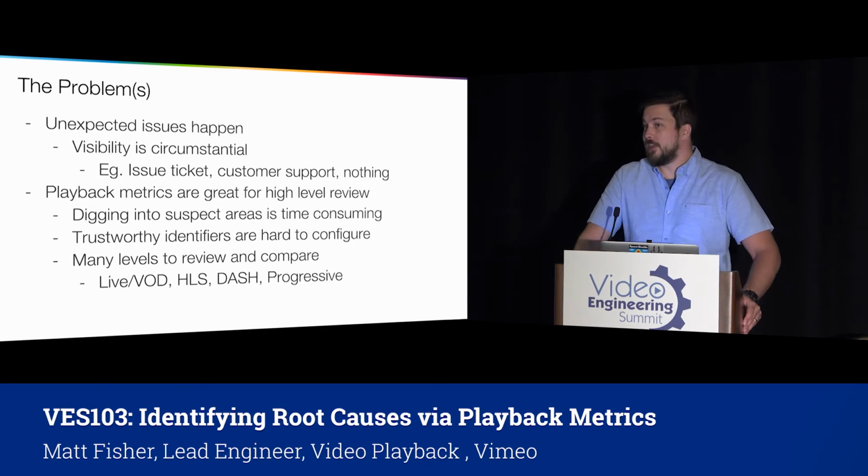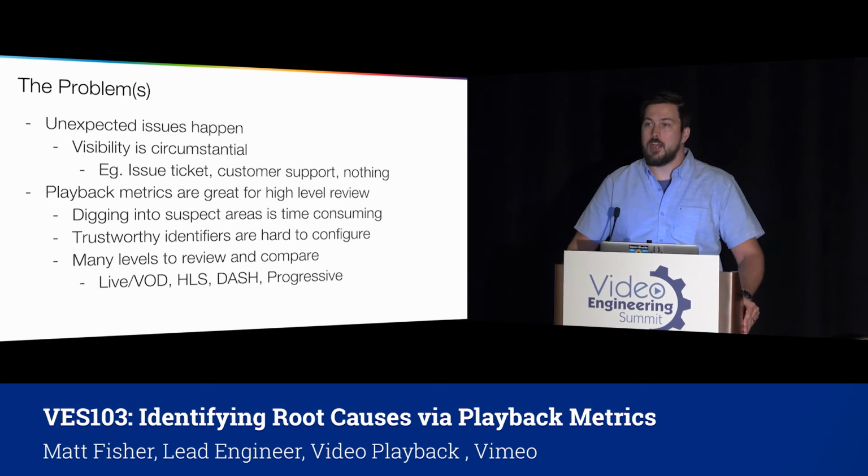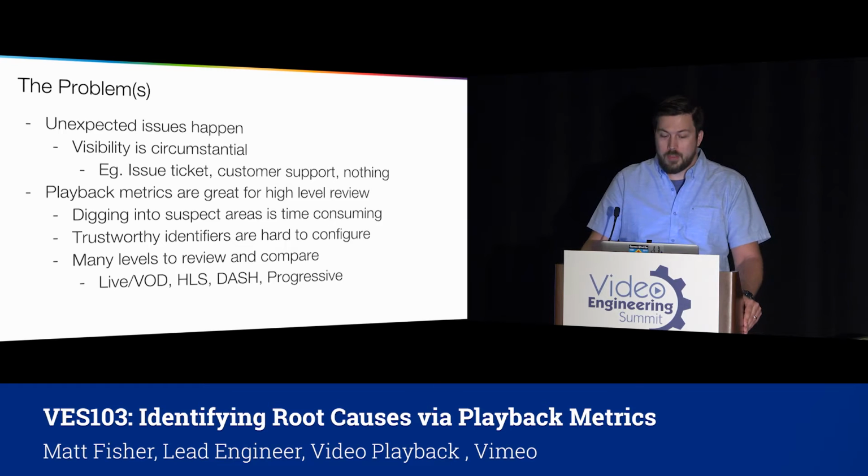So as I mentioned, from our perspective, and I think this is familiar to a lot of products and businesses out there, we have many levels of metrics at a high level breakdown that really start impacting how we can look up data. So from our perspective, we're distributing live and VOD traffic over HLS, Dash, and progressive playback over multiple browsers, over multiple platforms.